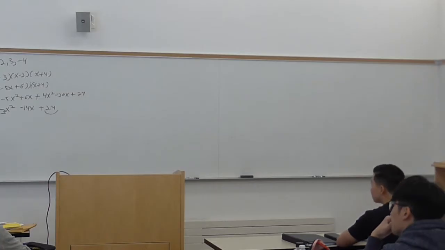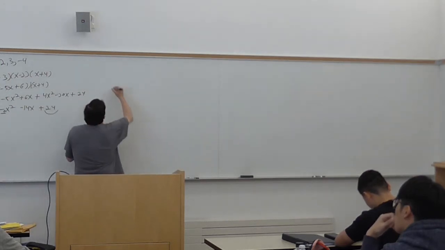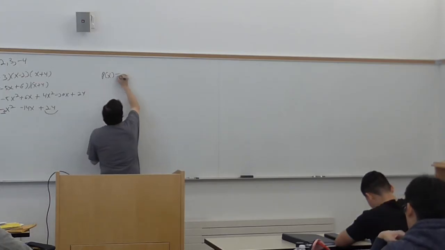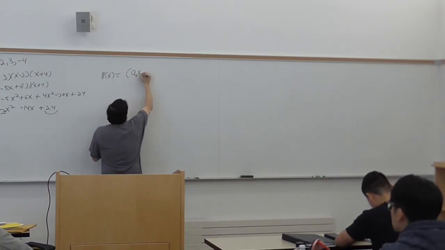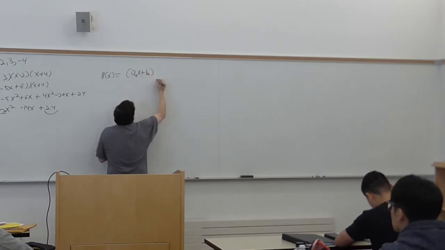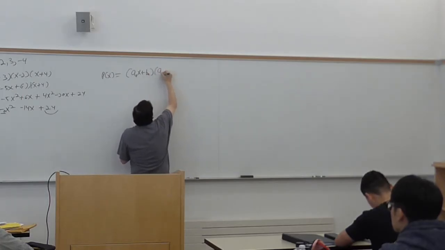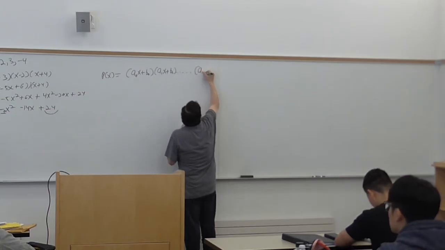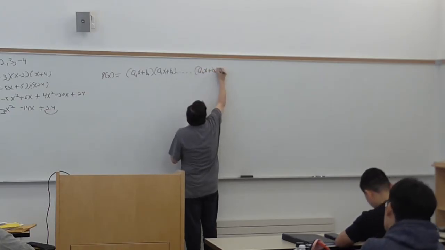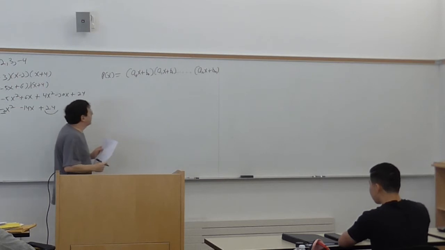So how are we going to explore this? Well, we're going to look at a very, very general polynomial. We're going to say p of x is equal to some leading term a0 x plus b0 times a1 x plus b1, all the way out to an x plus bn.